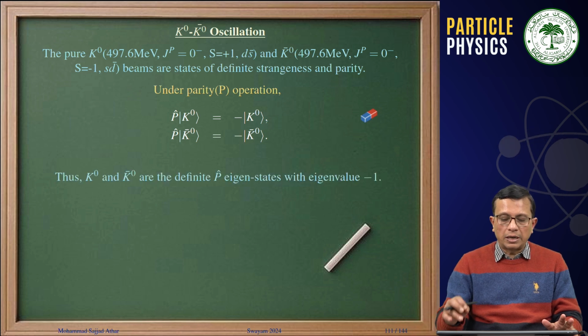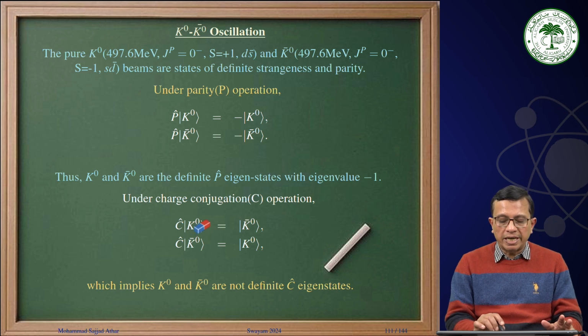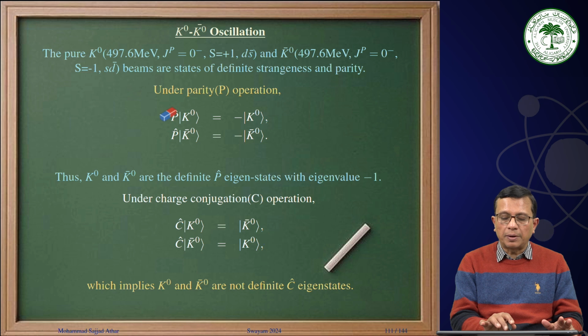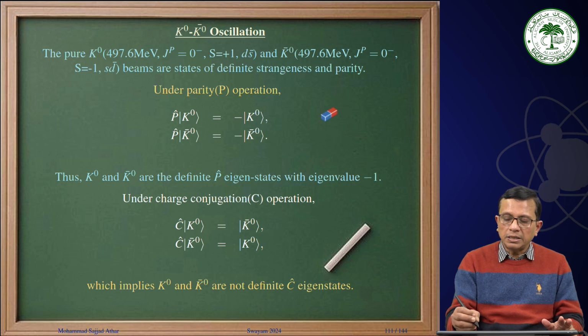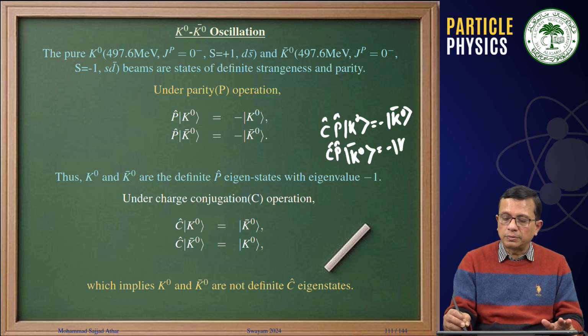Then we apply the charge conjugation operation. Charge conjugation will take K0 to K0 bar and K0 bar to K0. Now we combine these two. As you can see, CP on K0 is minus K0 bar and CP on K0 bar is minus K0.